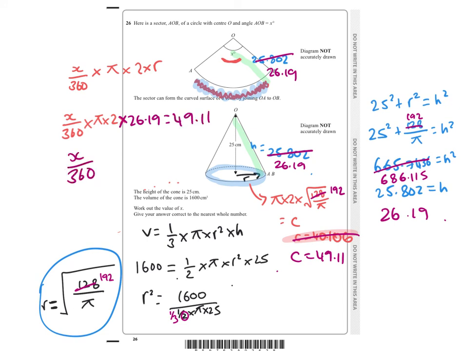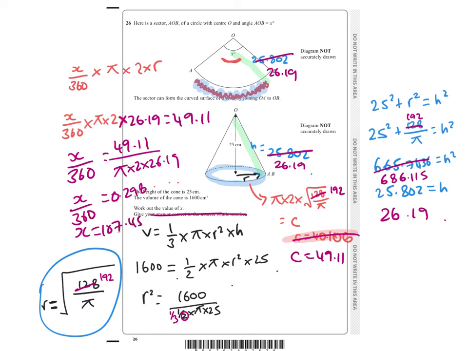So x over 360 equals 49.11 over pi times 2 times 26.19. Then I get x over 360 equals 0.298, times 360. So x equals 107.45. And then it says, give your answer correct to the nearest whole number. x equals 107. Perfect.